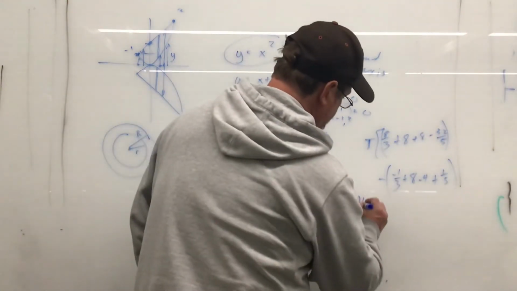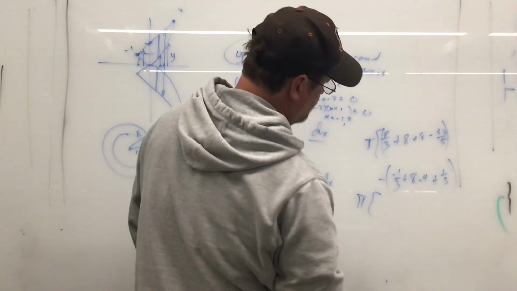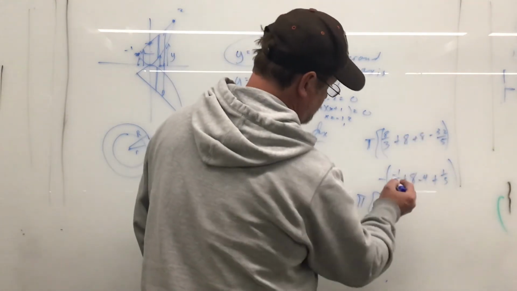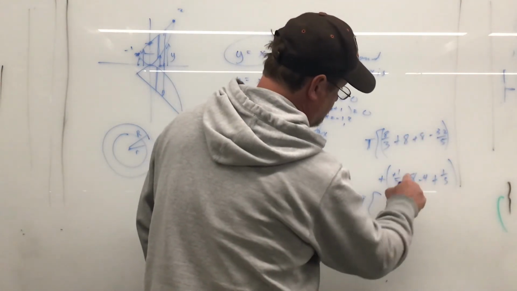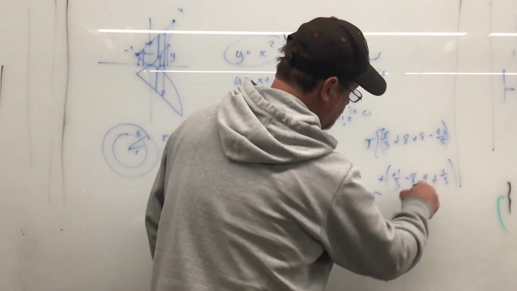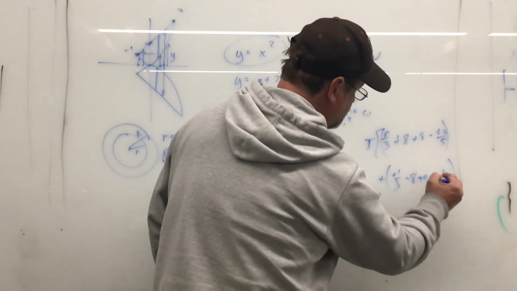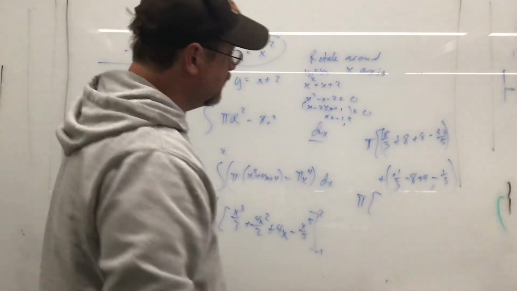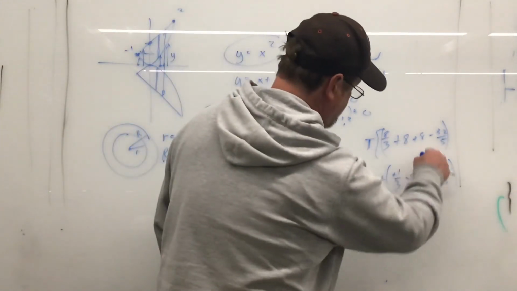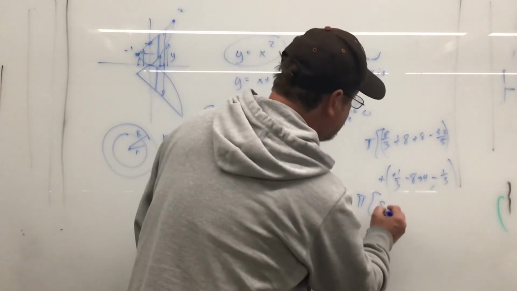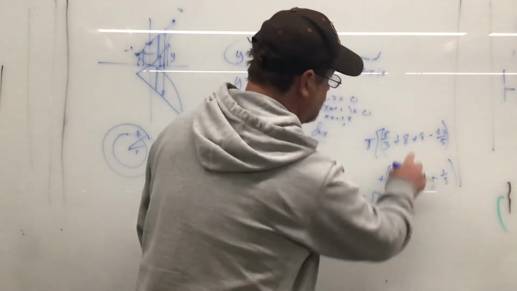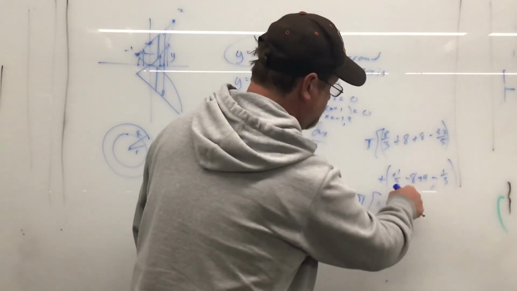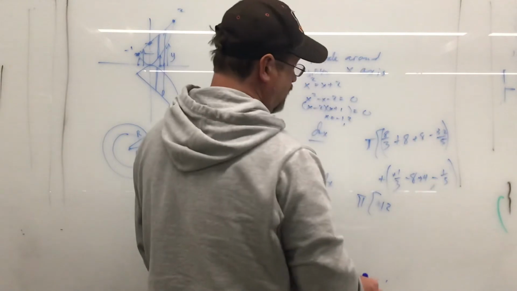So what happens with that? I've got a pi outside everything. I can distribute this minus sign, right? And that becomes a minus, that becomes a plus, and that becomes a minus. I can combine a few like terms here to clean things up. 8 plus 8 is 16, plus 4 is 20, minus 8 is 12. That's all the constant terms.